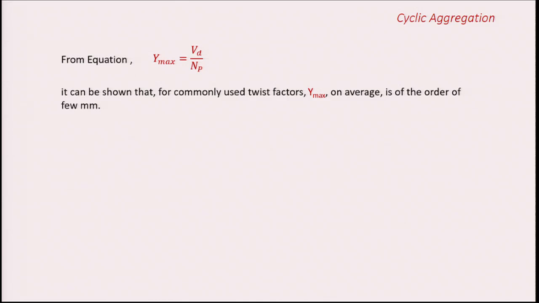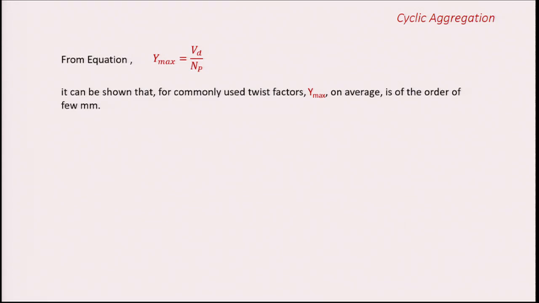It is equal to V sub d divided by Np. If we take typical values used in rotor spinning, let us see how much the gap length will be approximately. It should come in the order of a few millimeters.